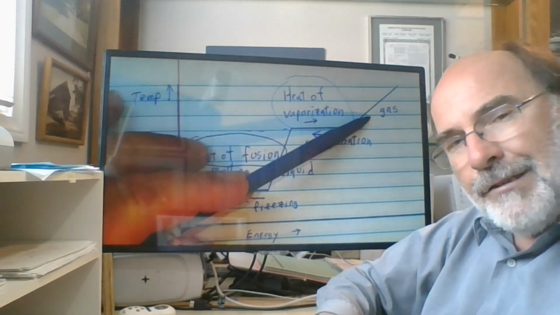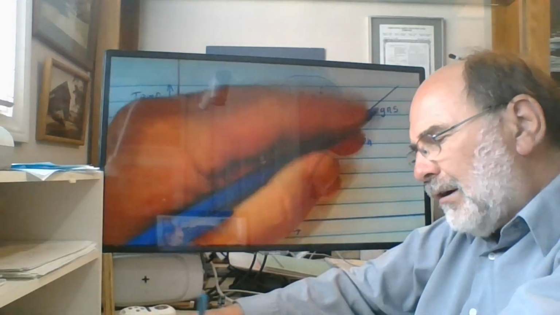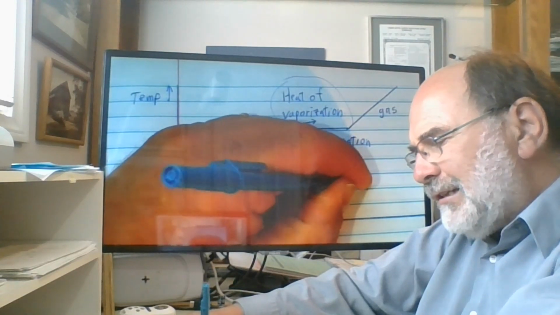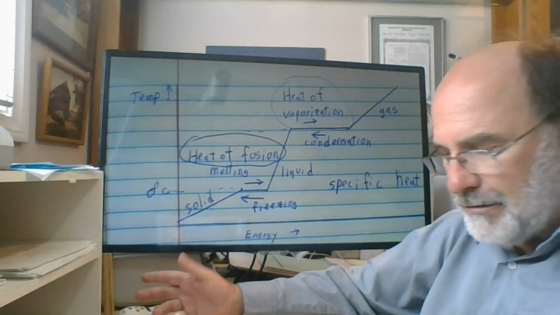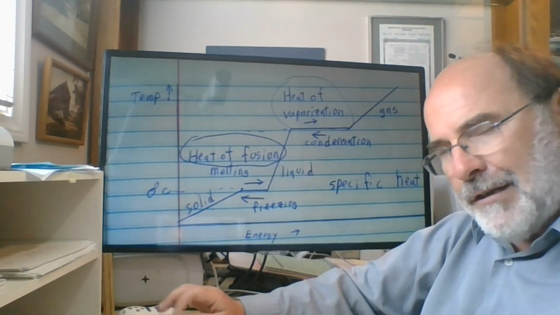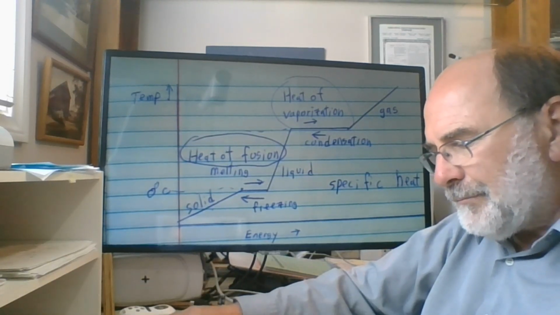And the slope on the gaseous curve is called the specific heat. So they're all called the specific heat, which means how much heat energy does it take, and you have to specify the units, to increase the temperature of that substance by a given amount of degrees.